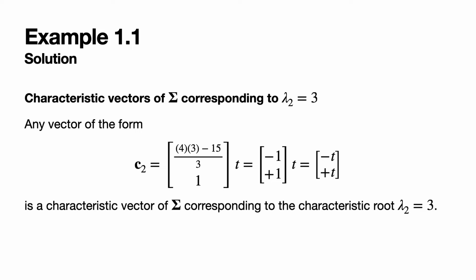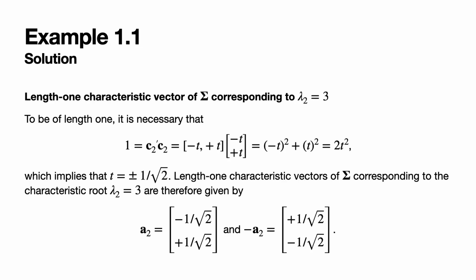That's 12 minus 15, that's negative 3 divided by 3, that's negative 1. And so we have the 2 by 1 vector negative 1 and 1, times the scalar t. If we multiply both entries by t, we get the 2 by 1 vector negative t and positive t. So any vector of this form is a characteristic vector of cap sigma corresponding to the characteristic root lambda 2 equal to 3.